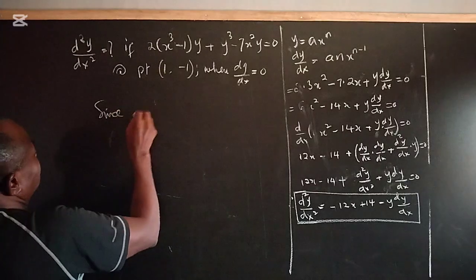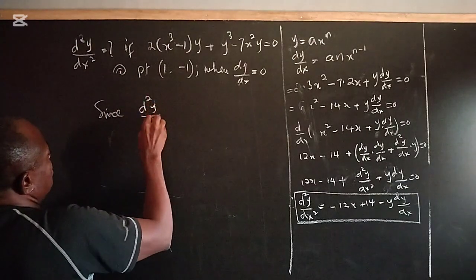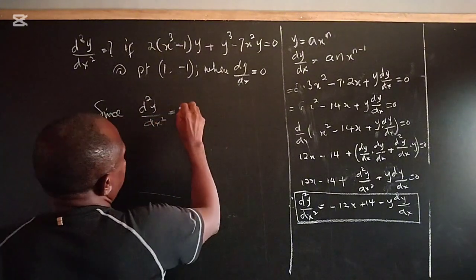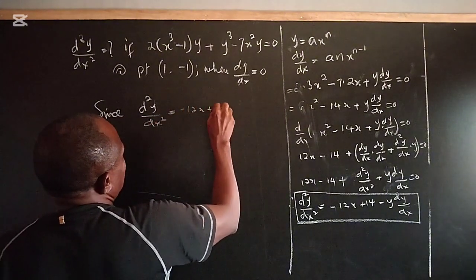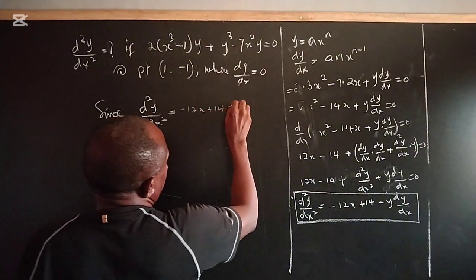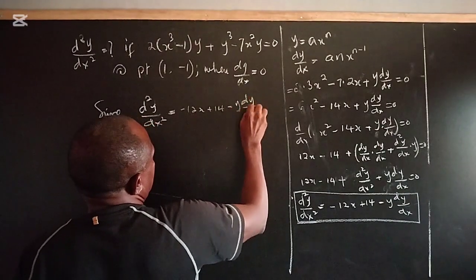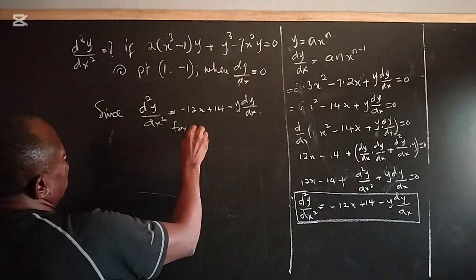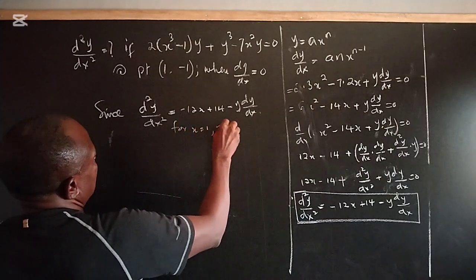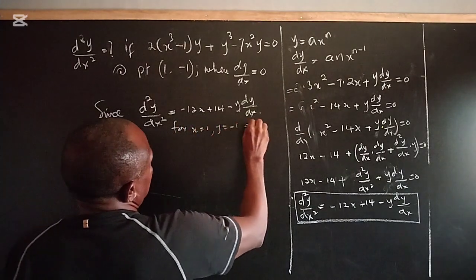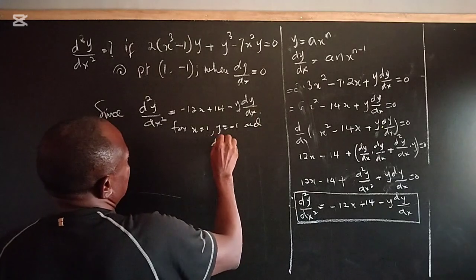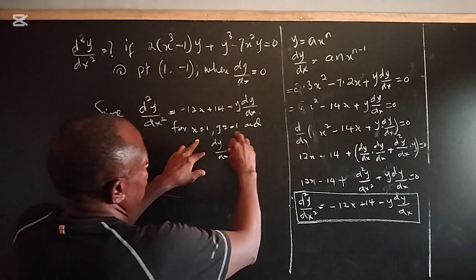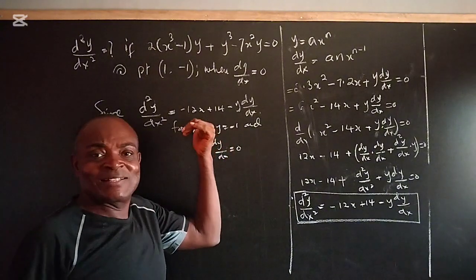Since d squared y over dx squared equals minus 12x plus 14 minus 2 (dy/dx) squared over 2y, for x equals 1, y equals minus 1, and dy/dx equals 0, we substitute all of these values into the expression.